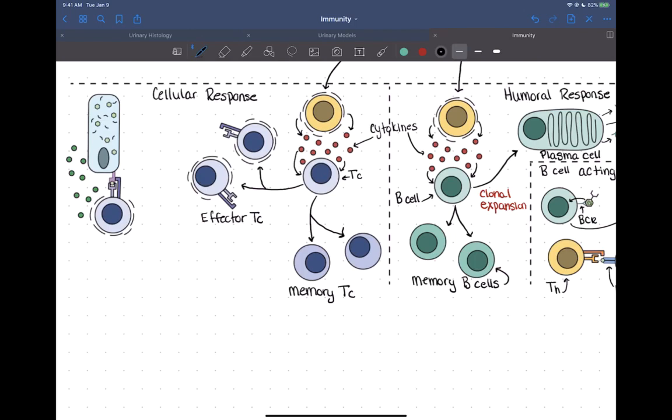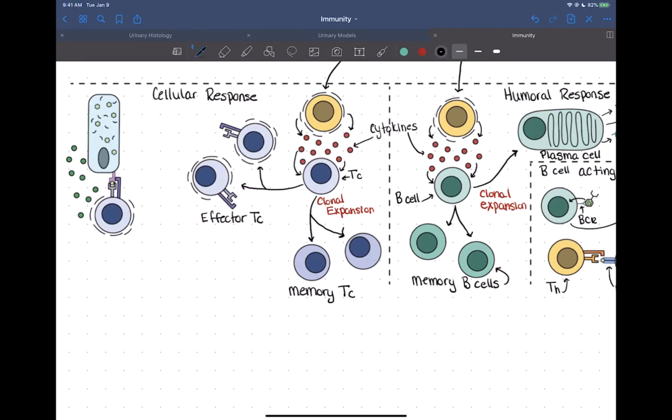Okay, and so that process again is called clonal expansion. And so then the memory T cells are going to hang out in your system until you encounter that pathogen again.